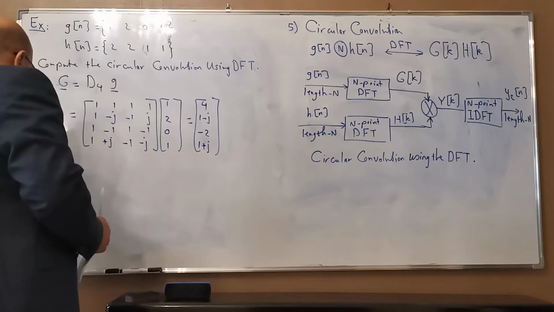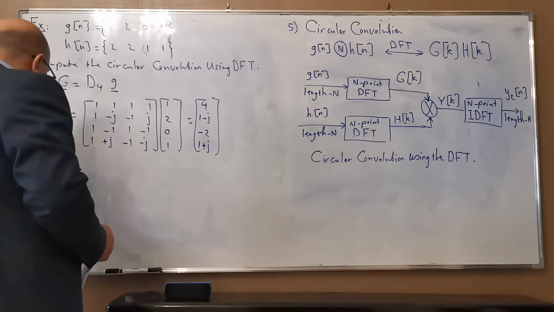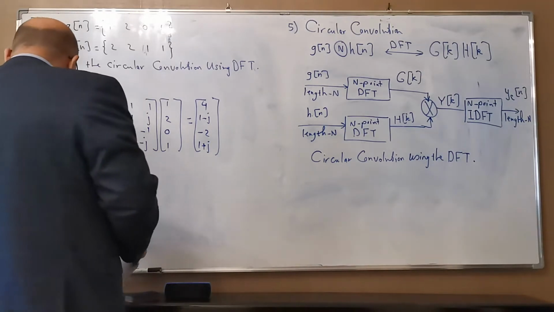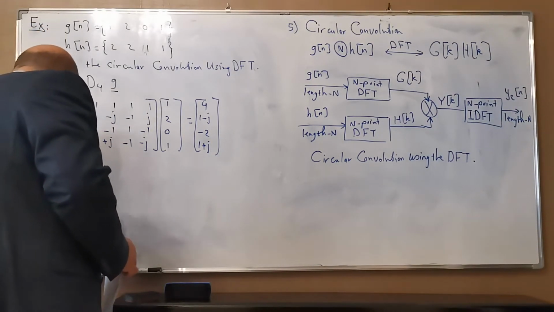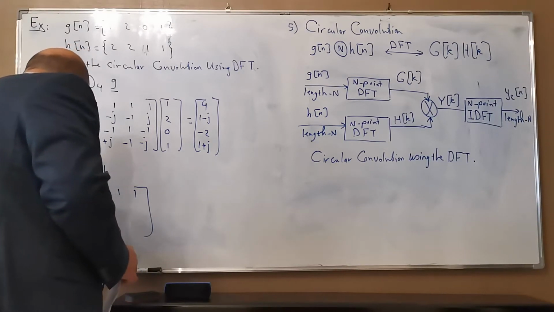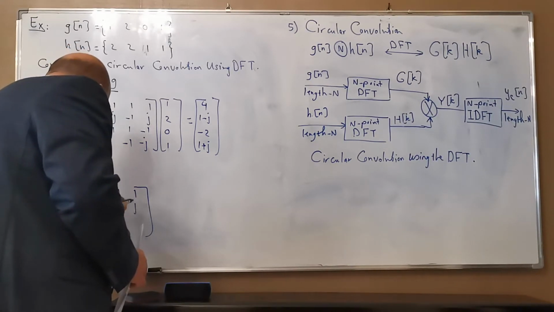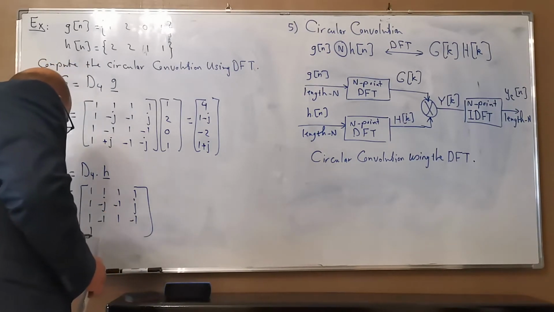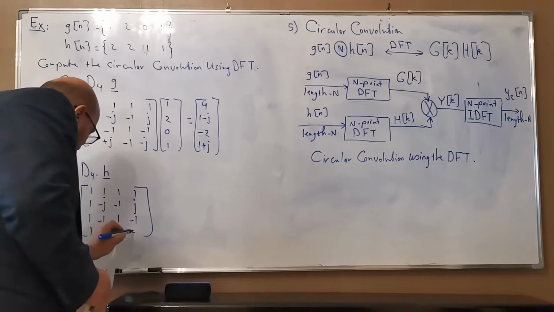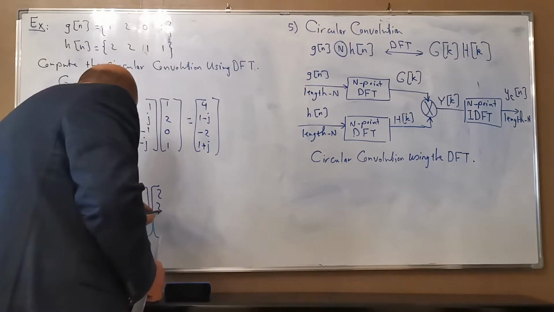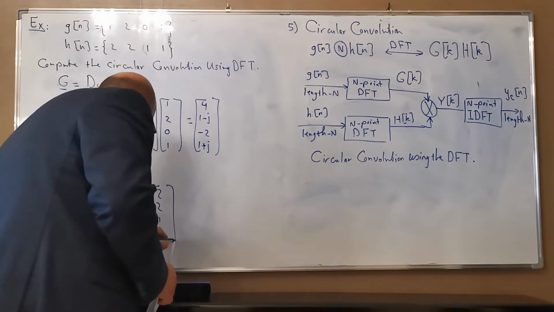And we also have h equals D4 times h, and it's the same matrix, times the second sequence, which is 2, 2, 1, and 1.